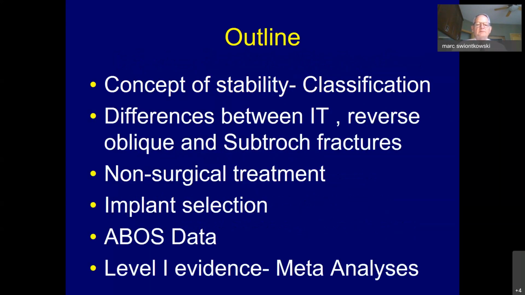We're going to talk about classification and how the concept of stability is involved. In that discussion, we will cover the differences between a stable and unstable intertrochanteric hip fracture, as well as subtrochanteric fractures. Briefly about non-surgical treatment, and a lot of time on implant selection. We'll talk about some data from the American Board of Orthopedic Surgery, as well as cover some meta-analyses on implant selection.